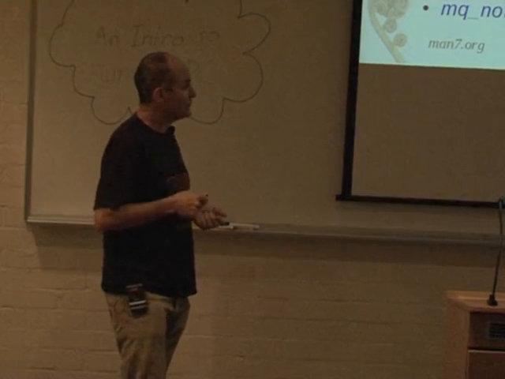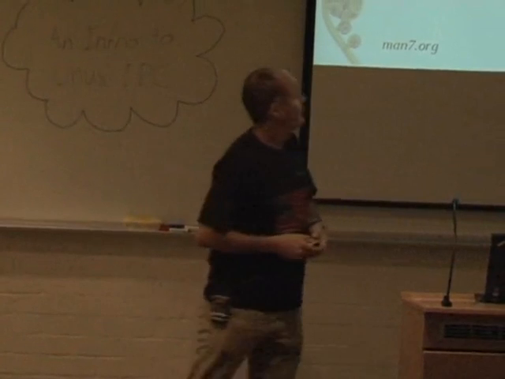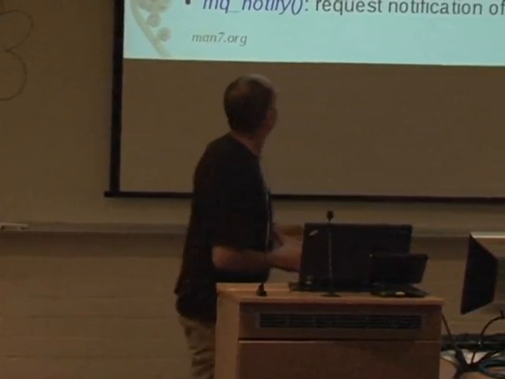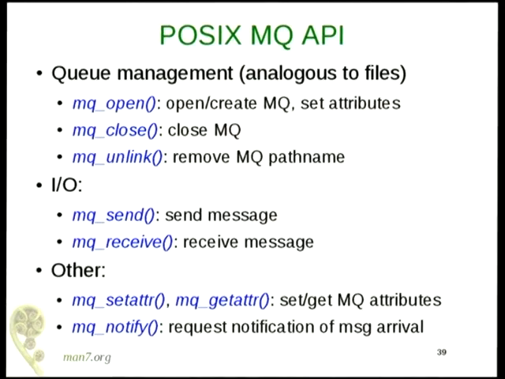And then there are a few odd looking calls at the end. You can set and get queue attributes using these two functions, and this function here sets up that notification technique that I was talking about.